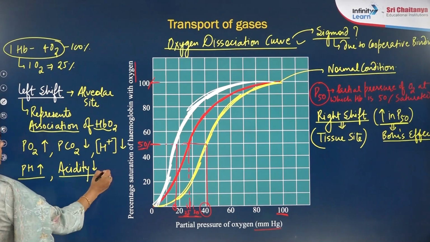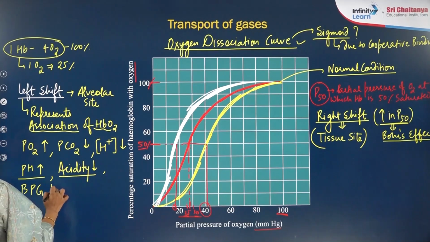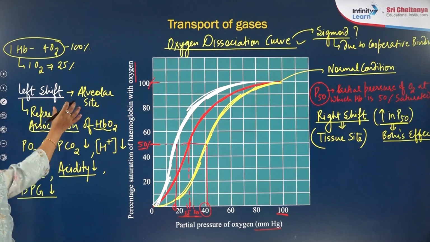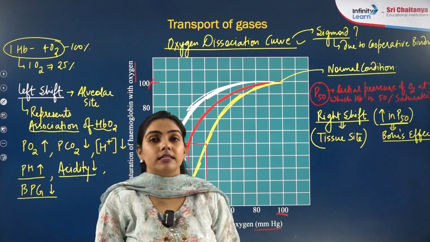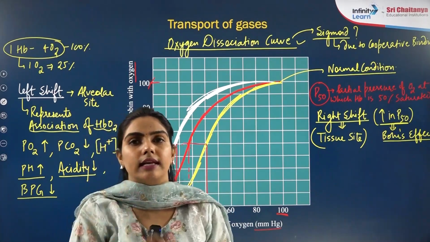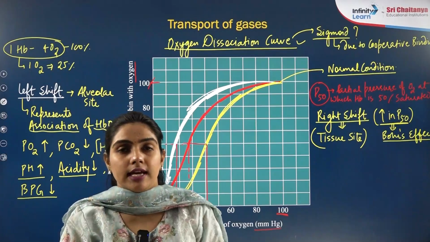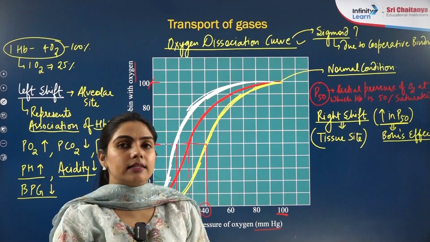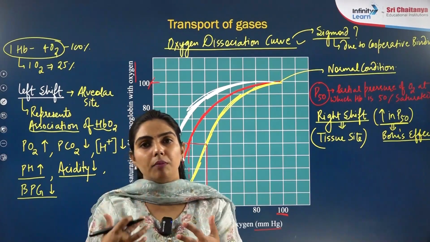These are the factors, and one more factor is there, that is known as bisphosphoglycerate, that is also less at the alveolar site. It is more at the tissue site because it is an intermediate of glycolysis. Glycolysis is a part of cellular respiration. In this glycolysis, so many substances are getting formed, right?